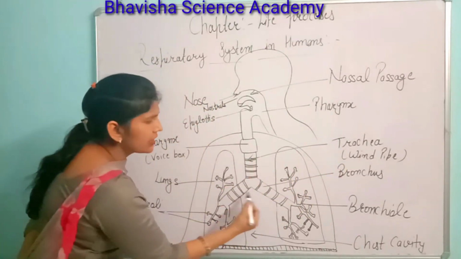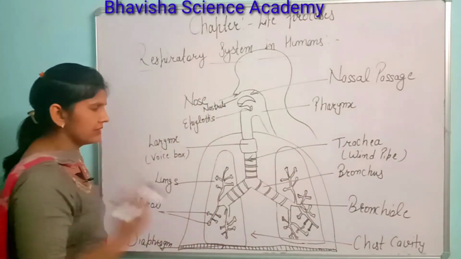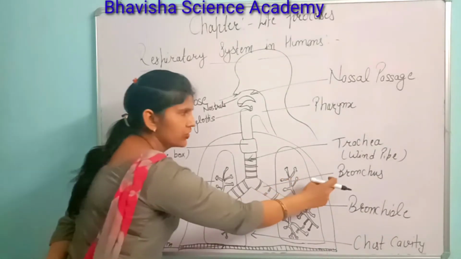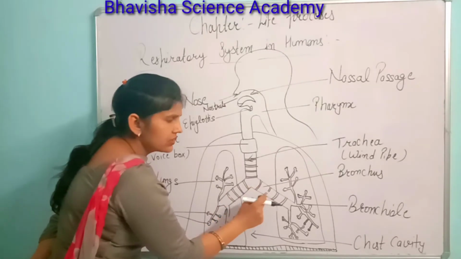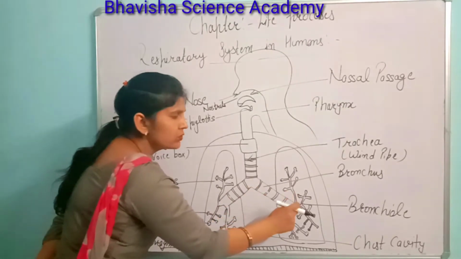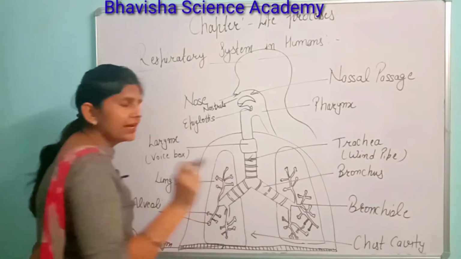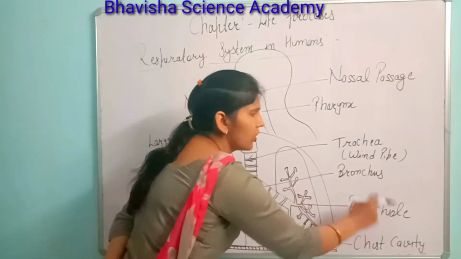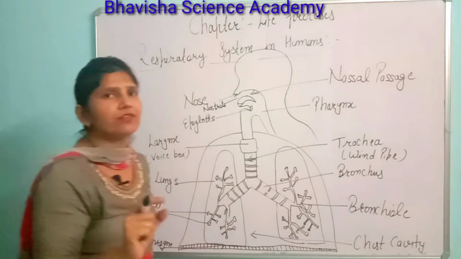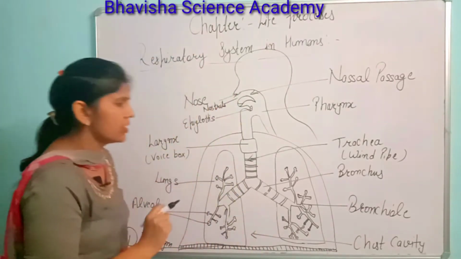Trachea is further divided into two parts that are known as bronchus. Bronchus is further divided into so many branches, and those branches are known as the bronchioles. That is the plural form of bronchiole.